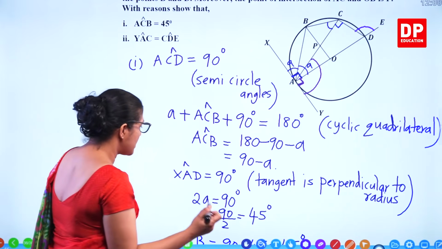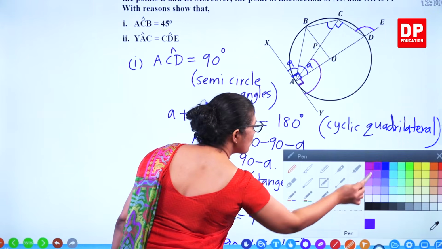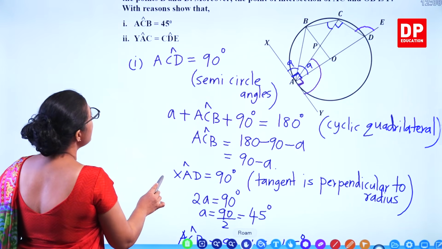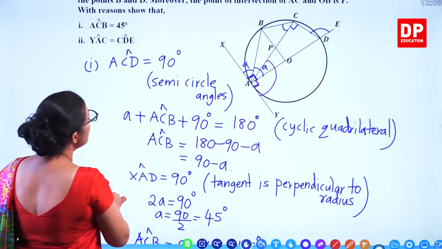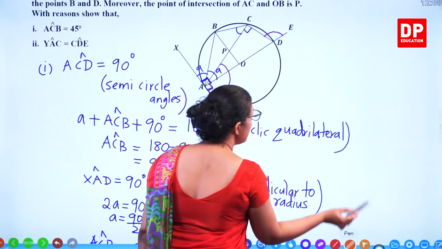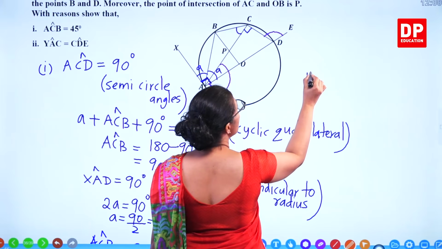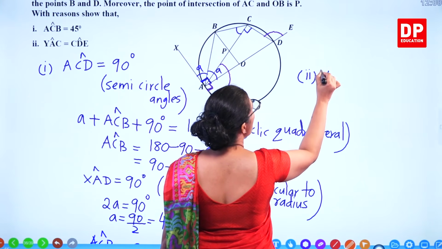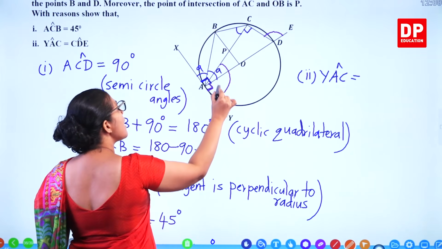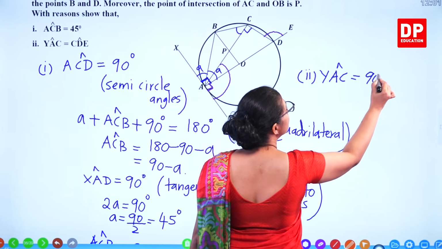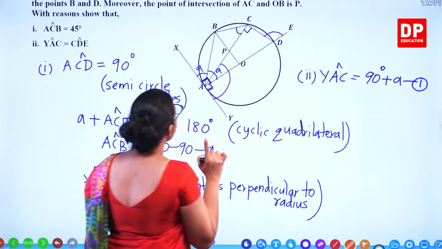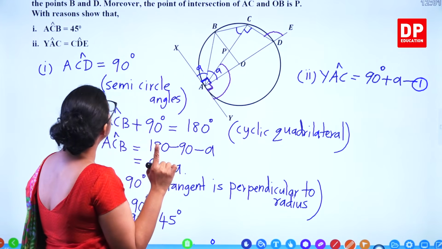So we can write the second proof. Angle YAC is 90 plus A. That's the first one. And then what is CDE?